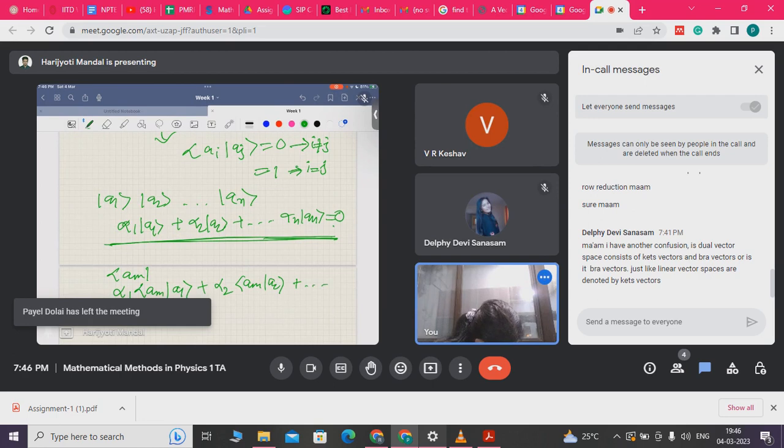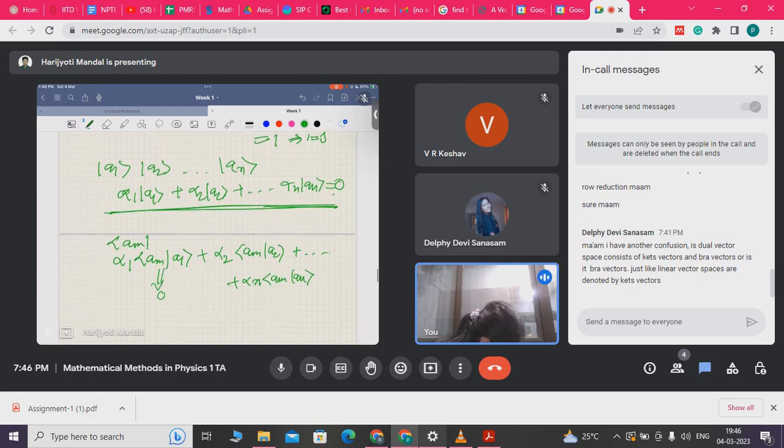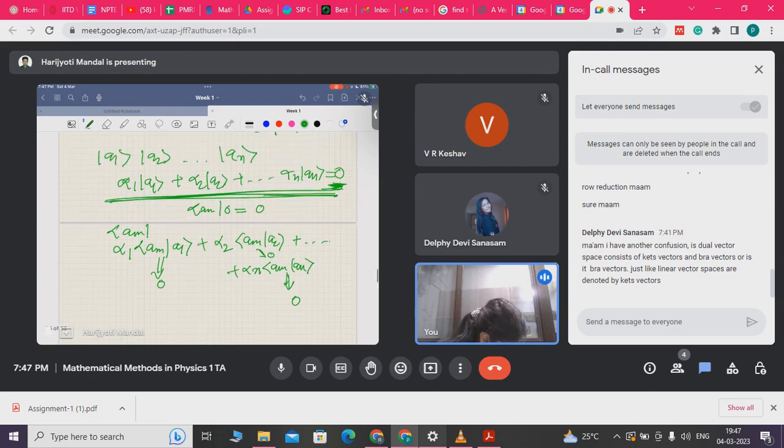let's multiply with a bra vector am. It has to be 0. It also has to be 0. It also has to be 0. But here we can see this portion is already 0.